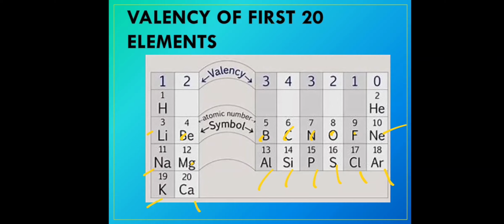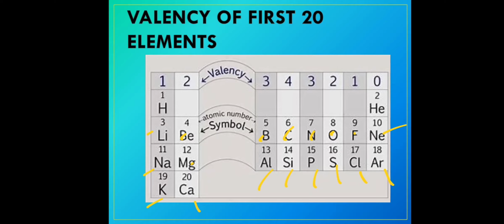Children, you need to remember these 20 elements in a line, because when you know them in a line, you also know their atomic numbers, because hydrogen is 1, helium is 2, lithium is 3, beryllium is 4, boron 5, carbon 6, nitrogen 7, and so on.